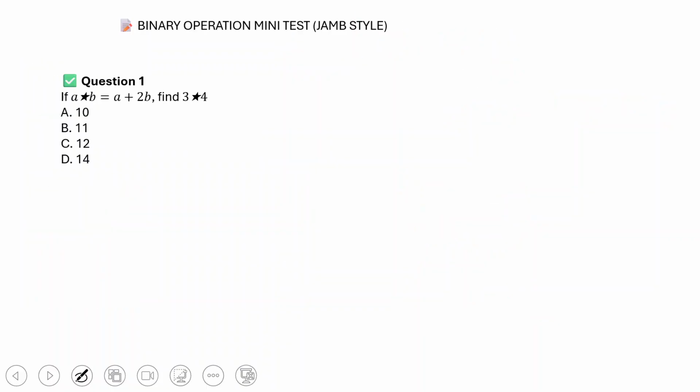So let's just do some mini test, JAMB style. The first question I have here is, if A star B is equal to A plus 2B, find 3 star 4. And I have options here: A 10, B 11, C 12, D 14. The first thing we'll do is write out the question. A star B is equal to A plus 2B, right?